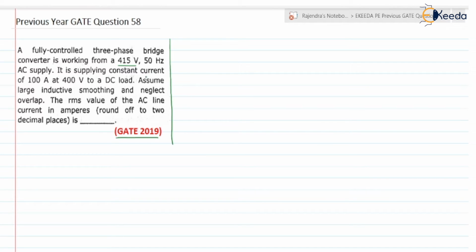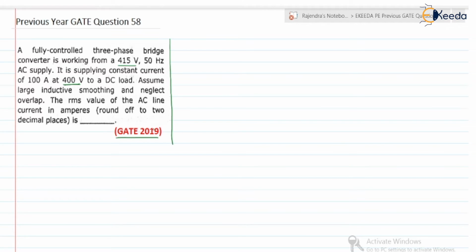So load current is constant, means the load is RL load, highly inductive, at 400 volt DC load, right? V0 average is given, it is 400 volt. Assume large inductive smoothing and neglect overlap. The RMS value of AC line current in amperes rounded off to 2 decimal places is, okay.